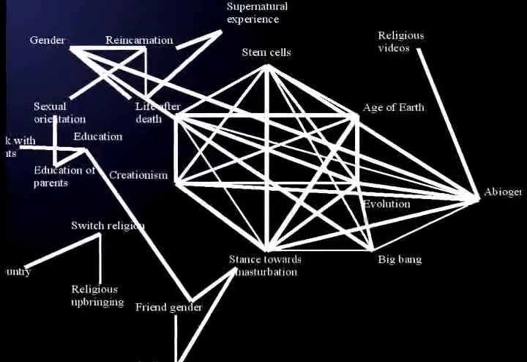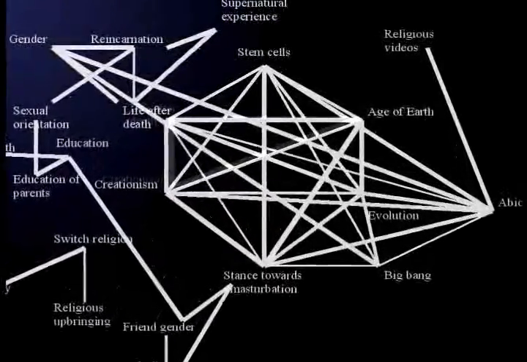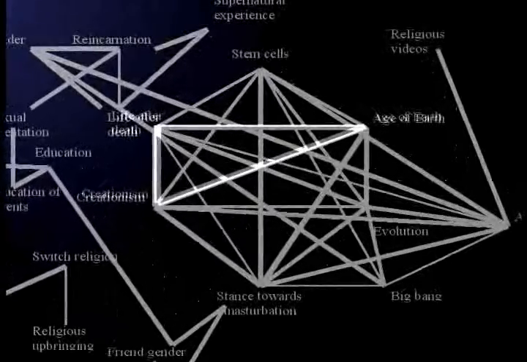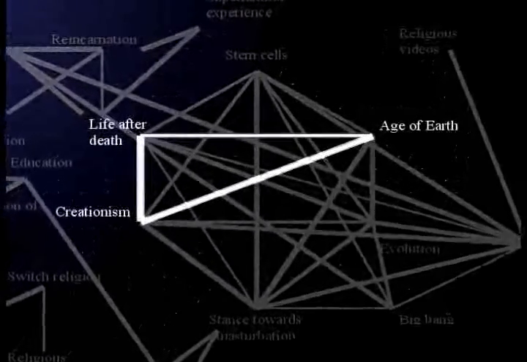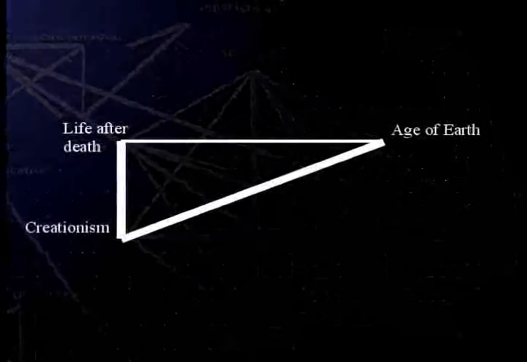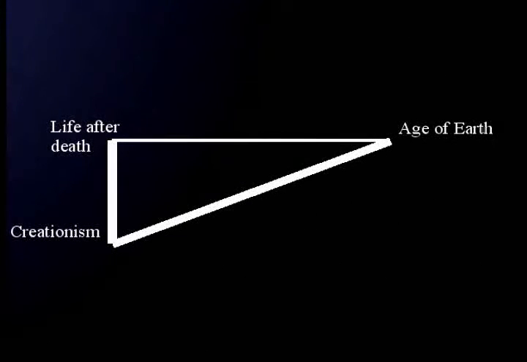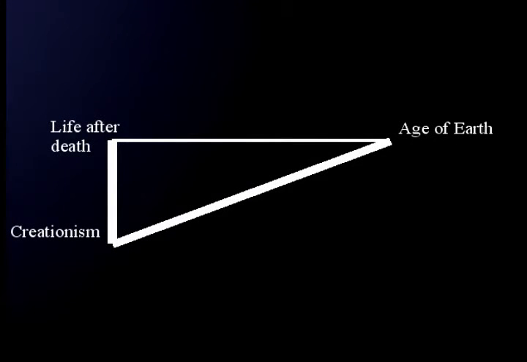For instance, the dependency between belief in life after death and belief concerning the age of the earth was quite a bit weaker than the connection between belief in life after death and stance towards creationism, and between creationism and age of earth belief. So maybe the dependency found between the answers to life after death and to age of earth simply reflects that there is an indirect connection.